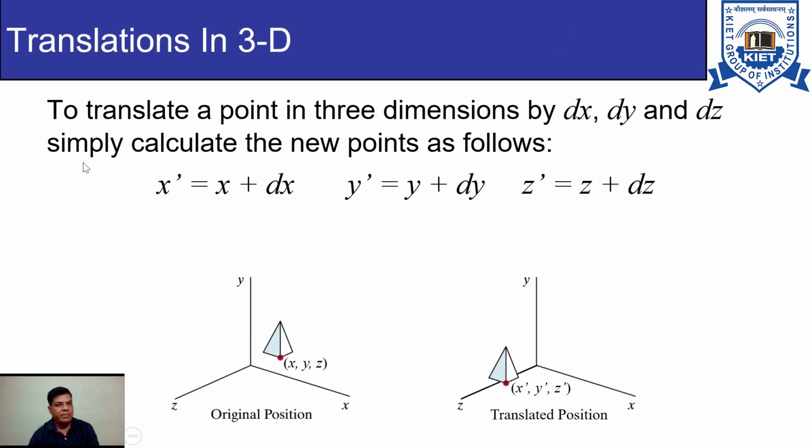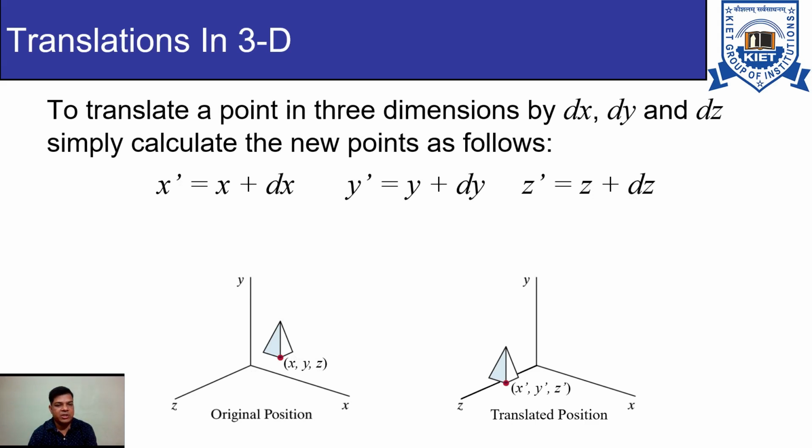We can calculate the new coordinates simply by using these three equations: x dash equals x plus dx, y dash equals y plus dy, and z dash equals z plus dz.